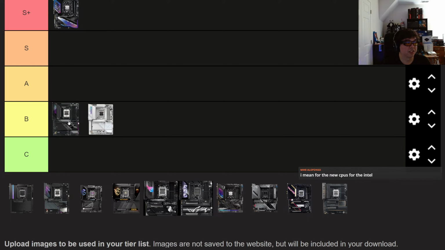Don't think, just because I'm saying these two are B class, that it means they're bad. They're not as good as the Nova, because the value is definitely not as good as the Nova. The Nova really makes them look bad, but if you look at them as they are, they're still offering very good features. For example, even though there's 6 layers, if you don't care about overclocking, that doesn't really matter. And that's probably what Gigabyte's banking on.